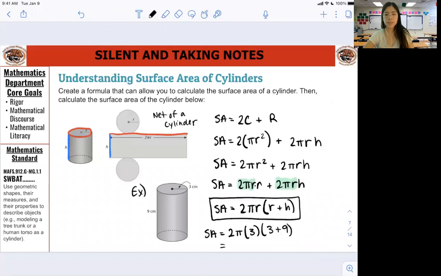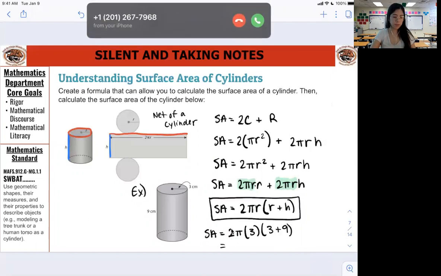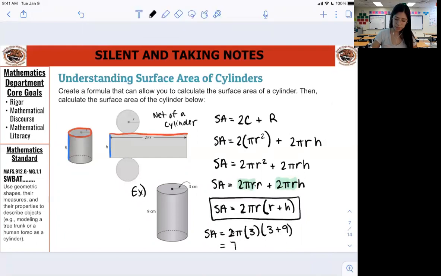Probably got 36, in terms of pi. There we go. So we got 36, but then you have to multiply it times 2. So we end up with 72 pi centimeters squared.